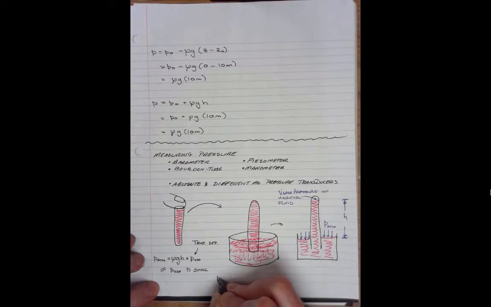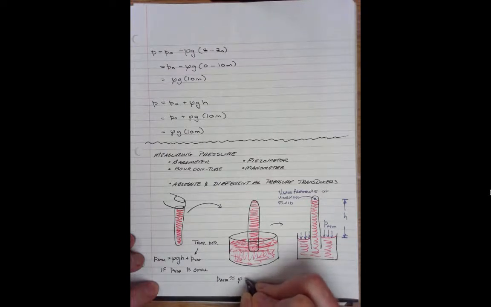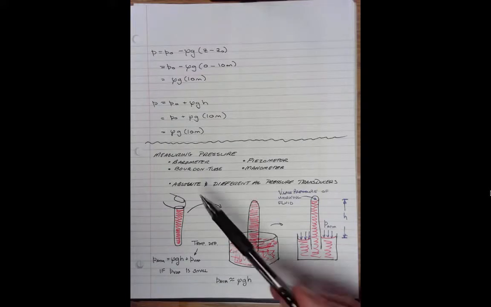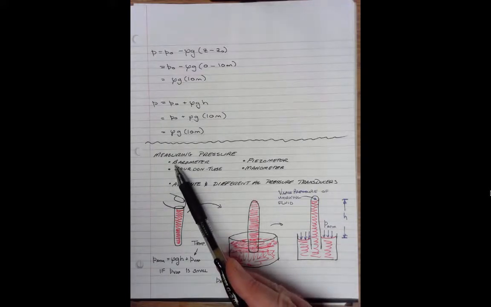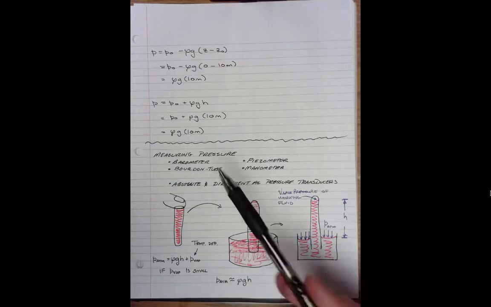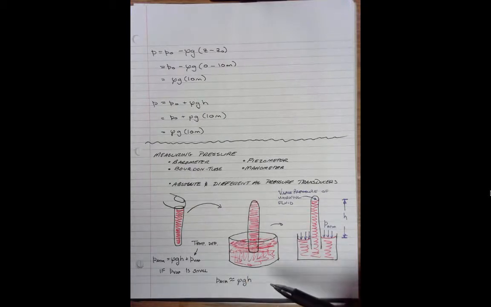Then we have the useful property that atmospheric pressure is pretty close to rho g times h, and that's basically how your home barometers work. So barometer just means a meter to measure the pressure of the atmosphere.